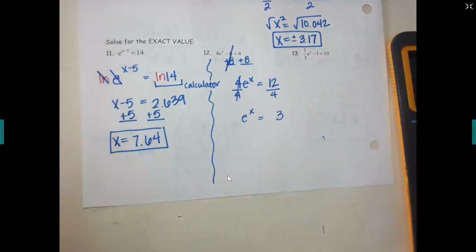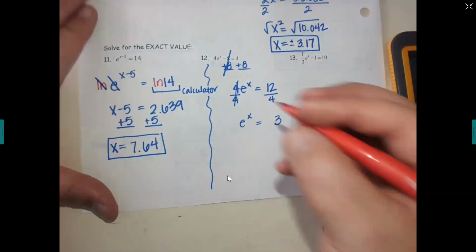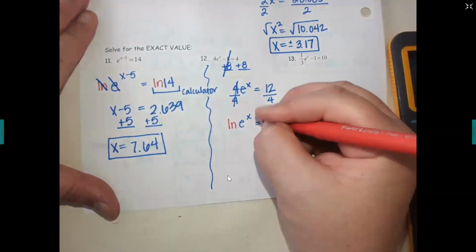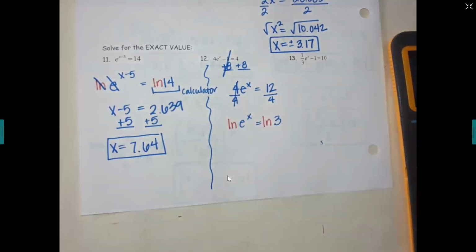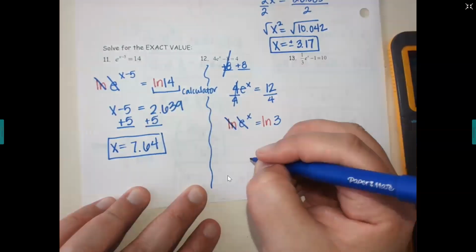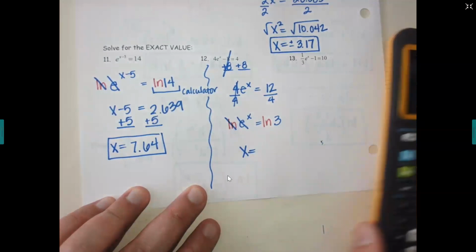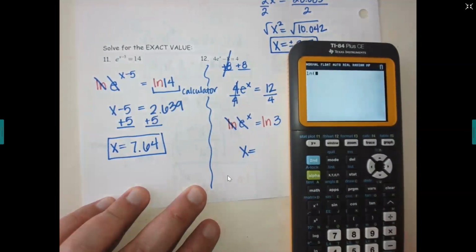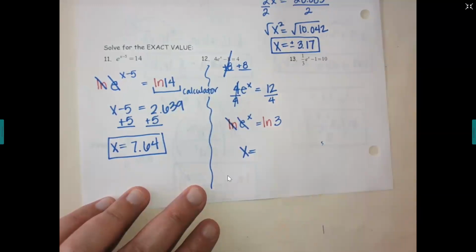And then if I need to get rid of a big E, what do I use on both sides? ln, which is the same as log little e. So ln and e cross out, you have x equals, look up the ln of 3 in your calculator. Okay, I got 1.09 followed by an 8. Do I keep the 09 or bump it up? So that'd be a 1.10.